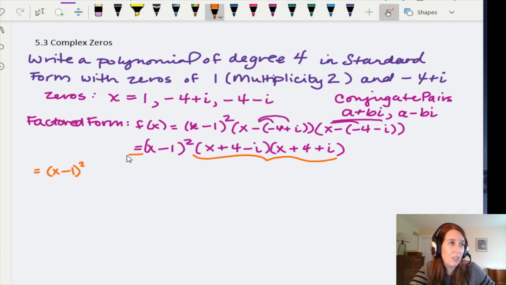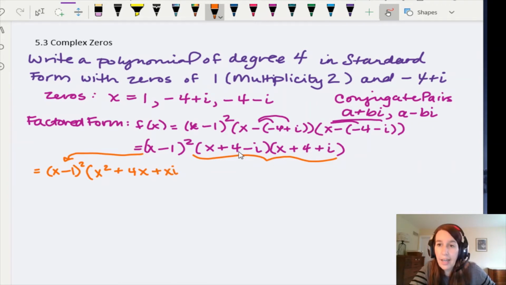Okay, so that's just this part still copied down. The next part, I'm going to do this x times all 3 of the terms in the second trinomial. So x times x being x squared, this first x times the 4 being plus 4x, then finally x times i is xi.